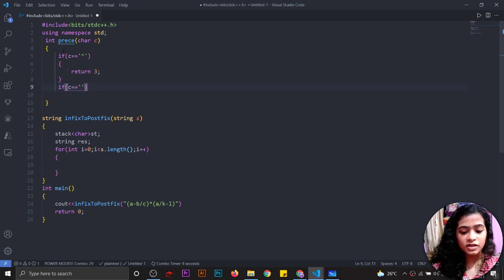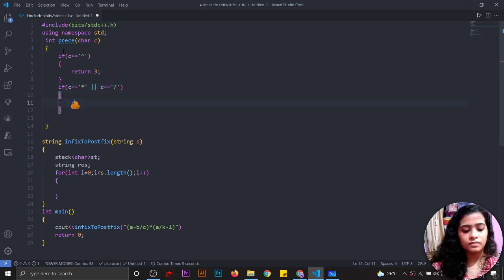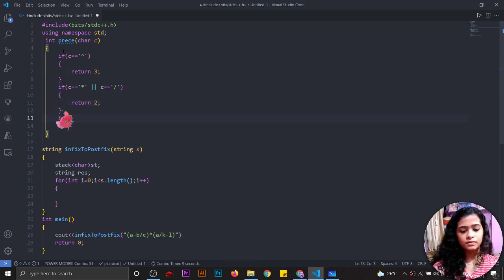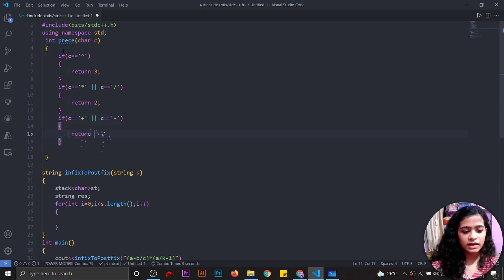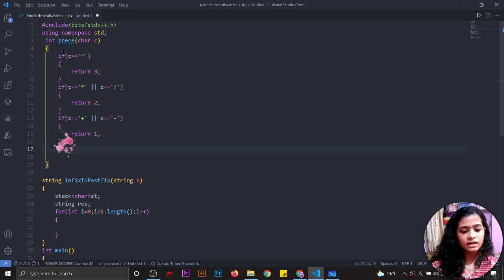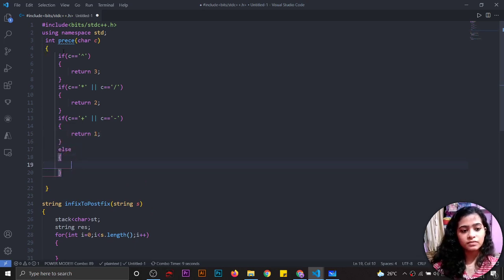If character is equal to multiply or C equal to divide, then return 2. And if C equal to plus or minus, then return 1.